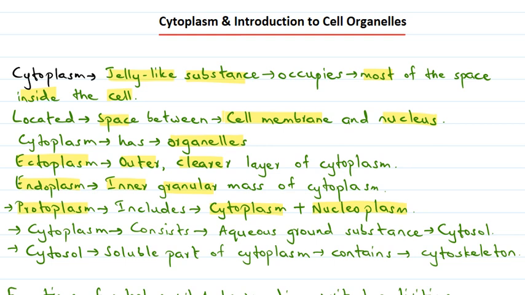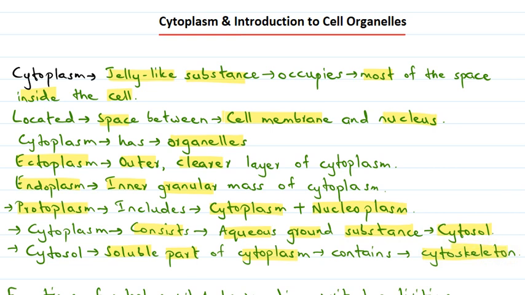The cytoplasm contains water, minerals, vitamins, amino acids, proteins, enzymes, etc. It consists of an aqueous ground substance called the cytosol, the soluble part of the cytoplasm, which contains a system of protein fibers known as the cytoskeleton.